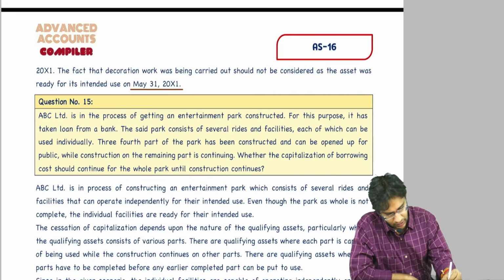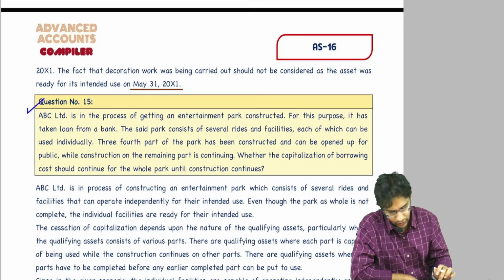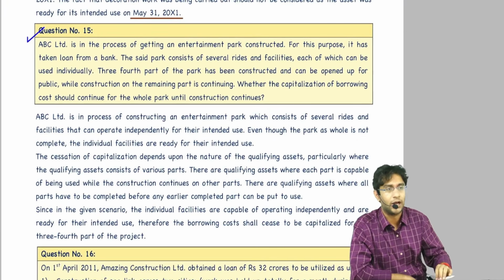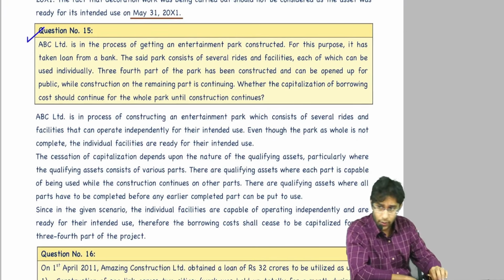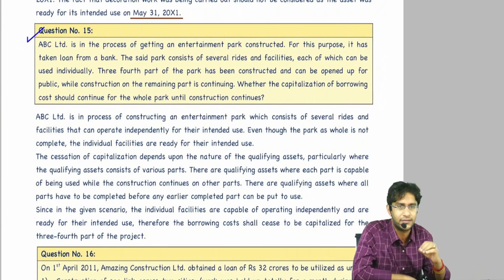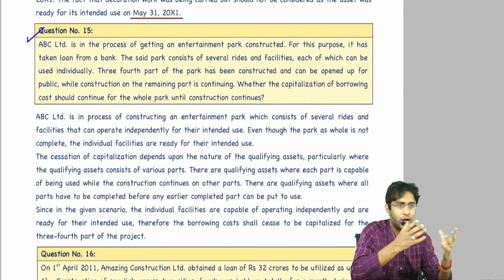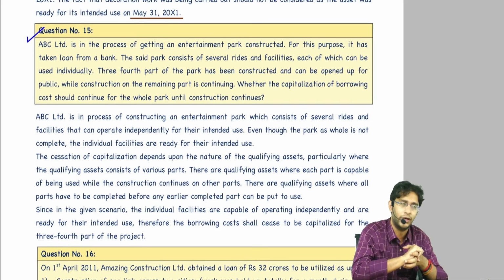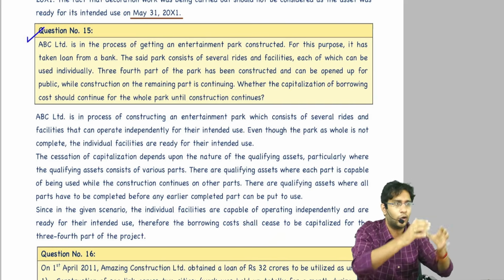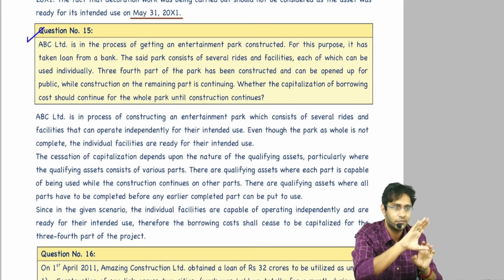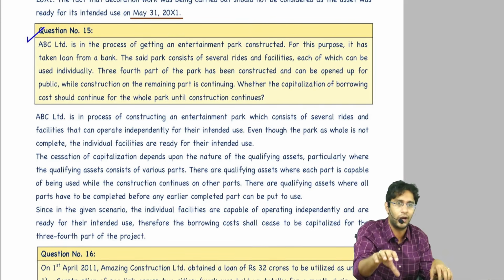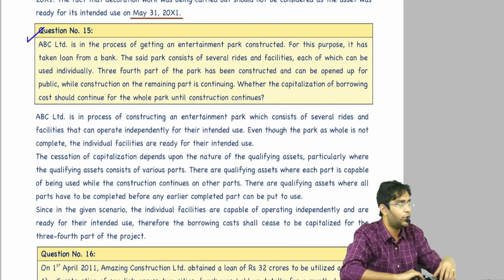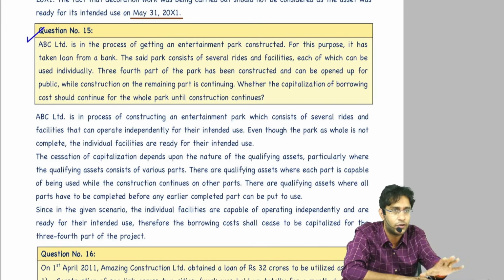Next. So, for example, you are constructing a project like Wonderla. In Wonderla, what is there? There are various kinds of rides, various game themes, all this stuff. So what you did is, first you bought one ride, one roller coaster, and installed it. Next, you bought one huge giant wheel and installed it. You brought one water sports item and installed it.